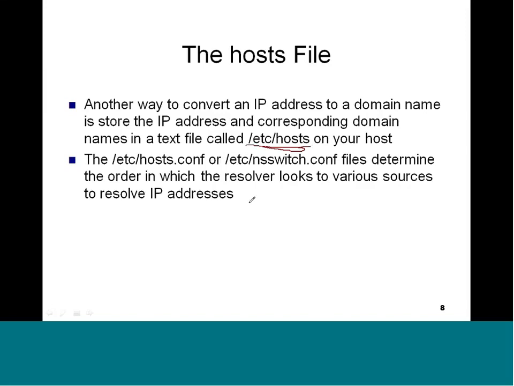There are other files that are also being used, the hosts.conf and nsswitch.conf. They determine the order in which the resolver looks at various sources to resolve the IP address.